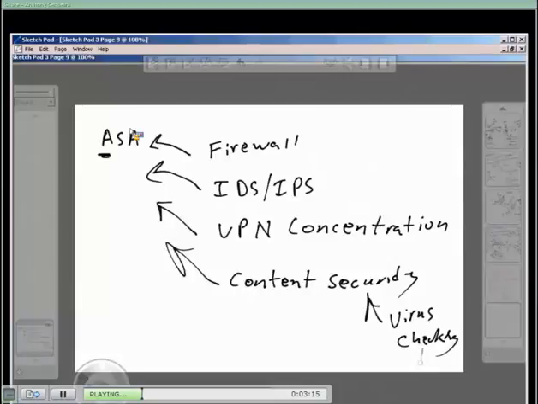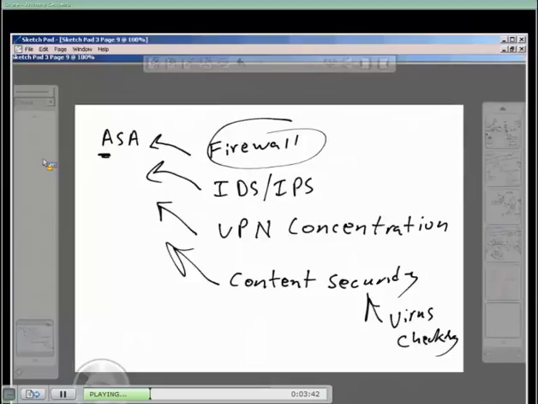So the Adaptive Security Appliance is the replacement, by the way, for the old-fashioned PIXes. And not only is it a firewall, but it is modular, so you can add modules to it to have it do many more functions for you than the basic firewall services.